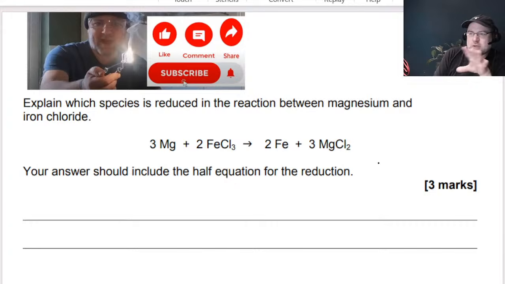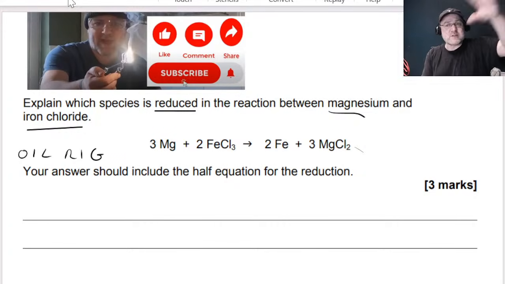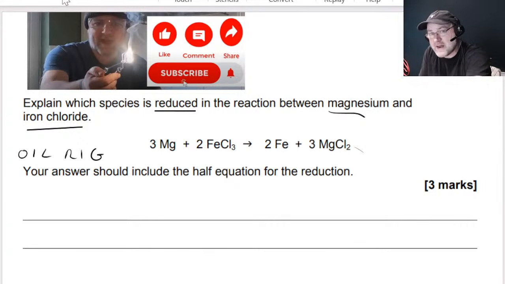Anywho, if I'm tactical here: explain which species is reduced between magnesium and iron chloride. What do we know? We know OIL RIG. Oxidation is loss of electrons, reduction is gain of electrons.